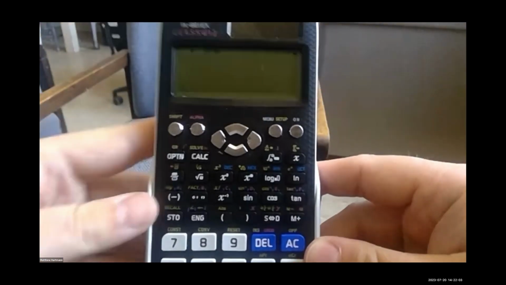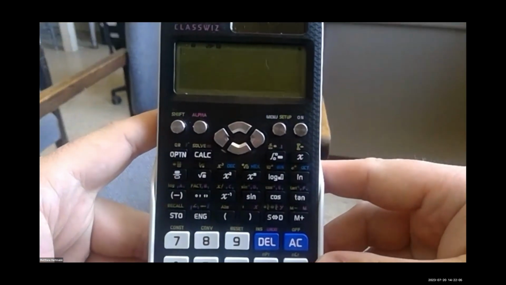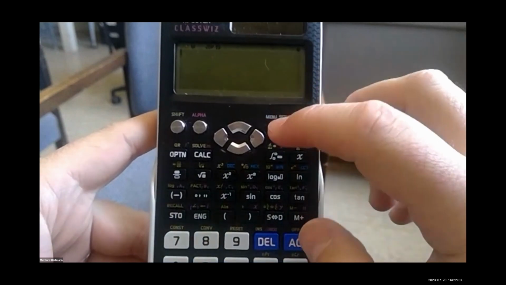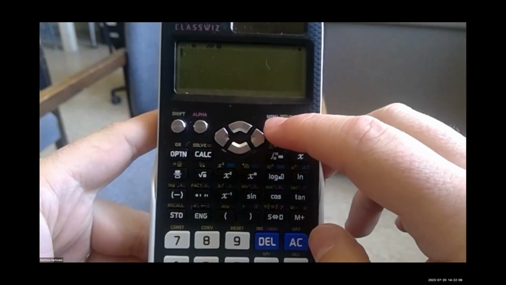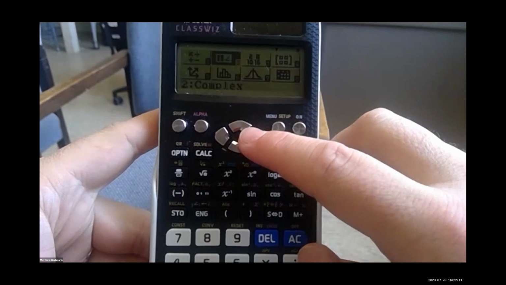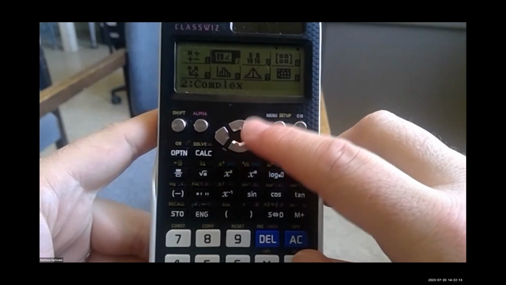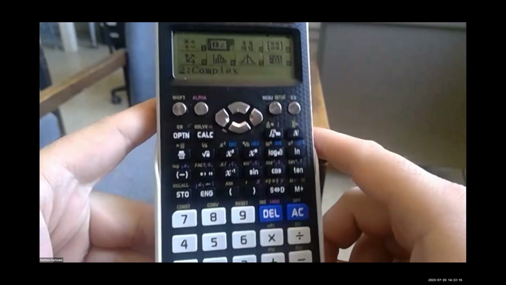Now for the Casio 991. So I'm starting out with it in the standard computation mode. For this Casio, I also have to change it into complex mode. So that is just, again, option 2 or tabbing over to the right one thing and pressing OK.